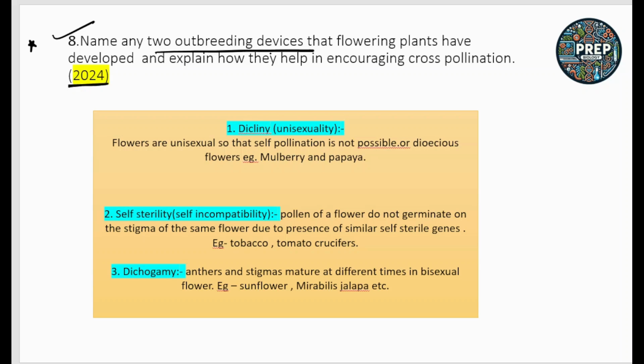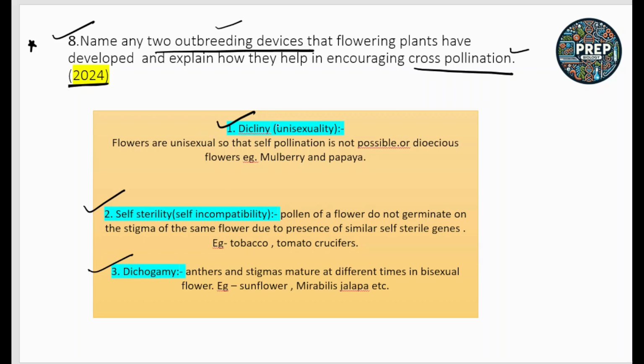This question asked: name any 2 outbreeding devices that flowering plants have developed and explain how they help in encouraging cross-pollination. So you have to name the outbreeding devices and explain how they encourage cross-pollination. We have studied different outbreeding devices like dicliny, self-sterility, dichogamy. So these all are the outbreeding devices.